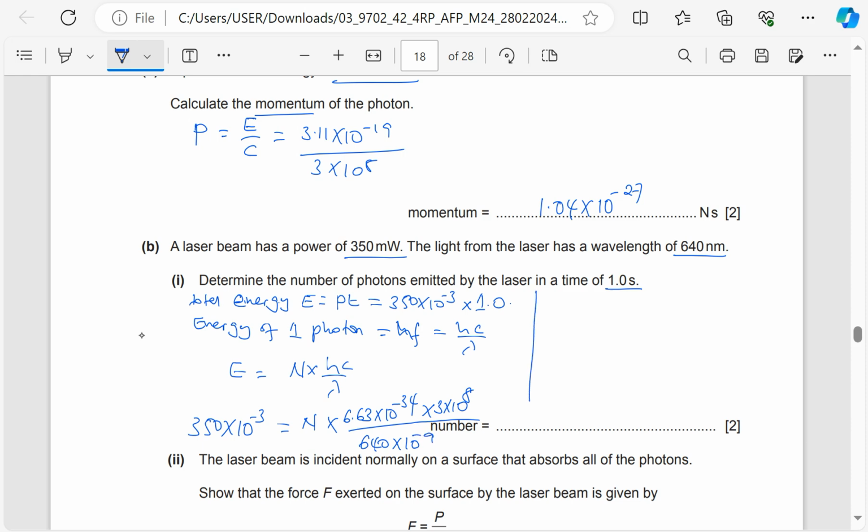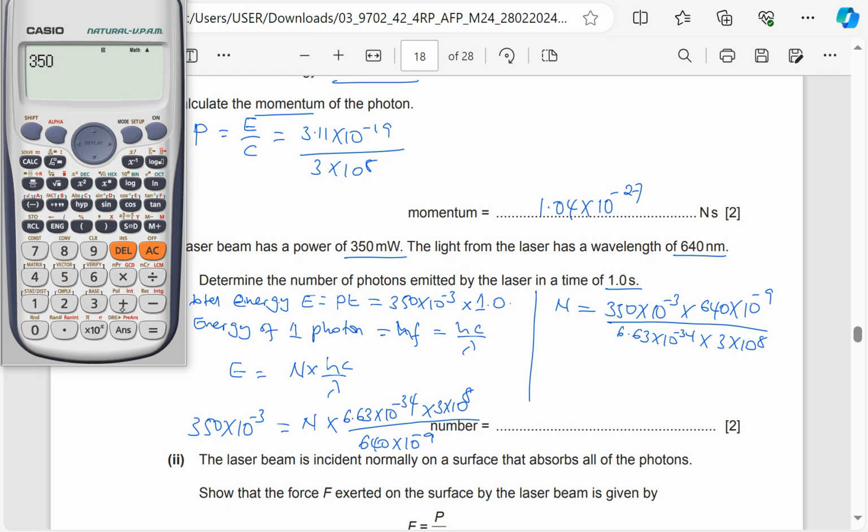Okay, so I'm going to just use my calculator to find N. Making N the subject, it is 350 times 10 to the power of minus 3 times 640 times 10 to the power of minus 9, divided by 6.63 times 10 to the power of minus 34 times 3 times 10 to the power of 8.